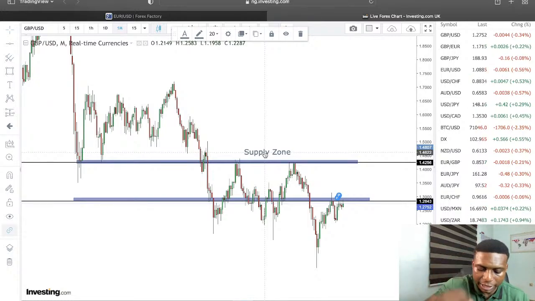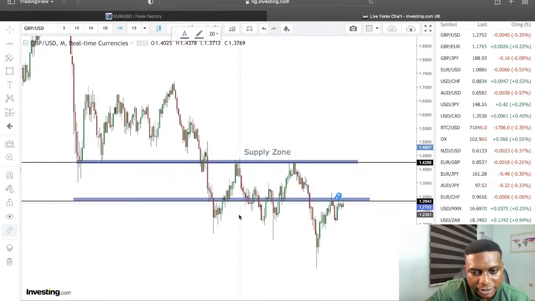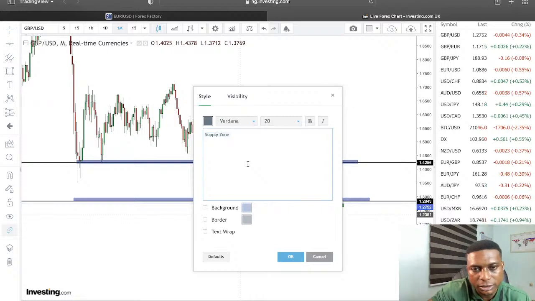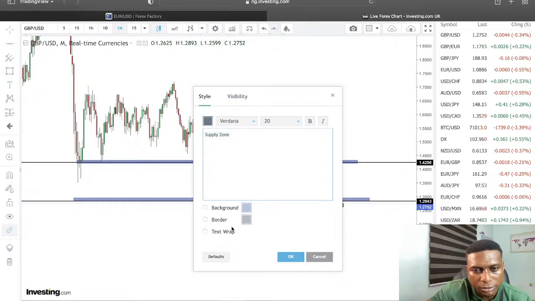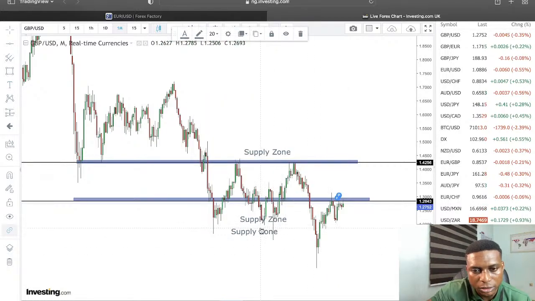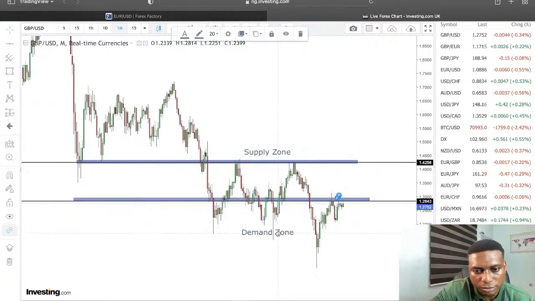That is the supply zone. And right here is the demand zone.